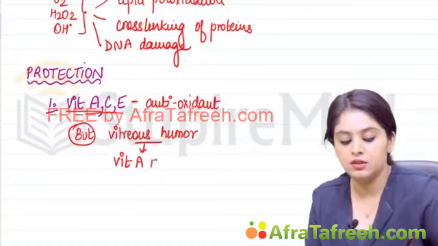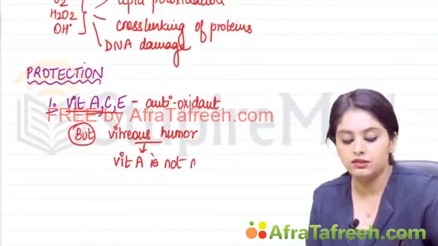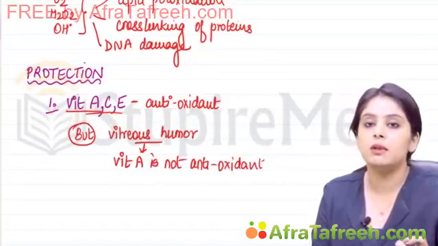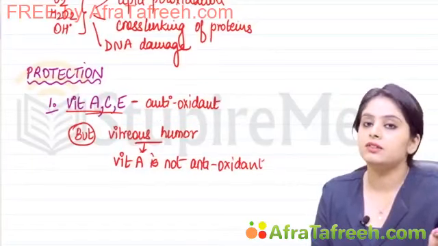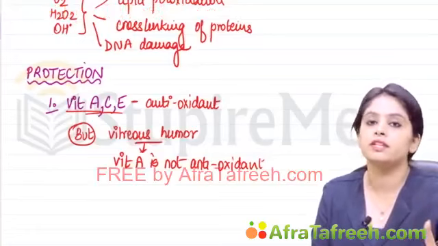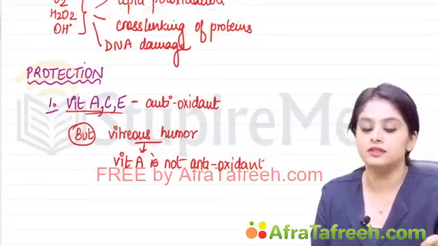Vitamin A is not an antioxidant there. This is high yield information. Linking it with another subject, we need to remember all three antioxidants. Vitamin A is also an antioxidant, but in the vitreous humor of the eye, it is not an antioxidant.